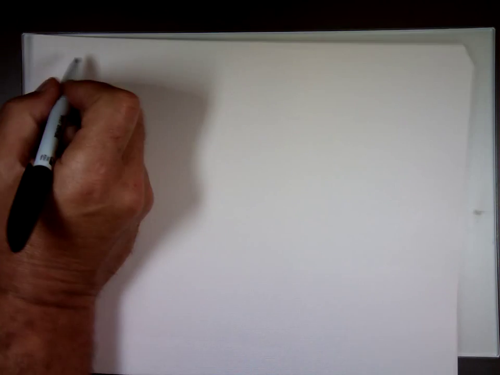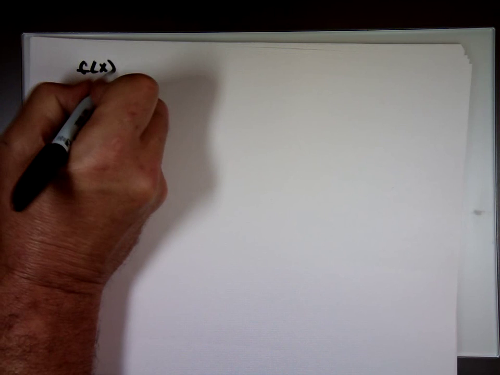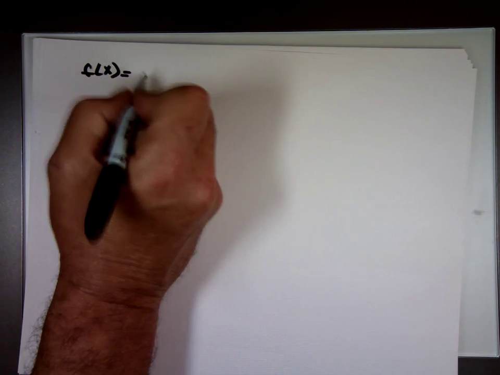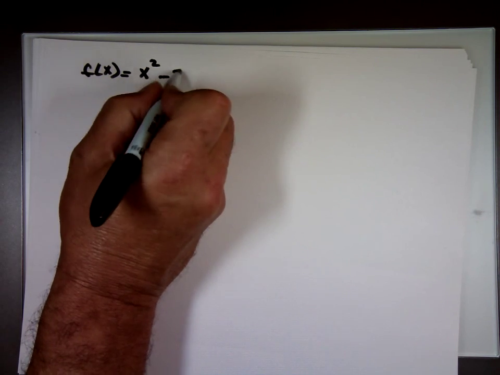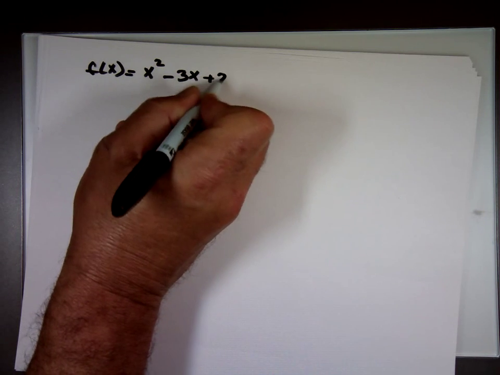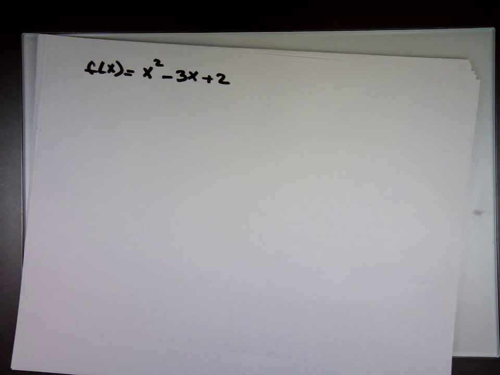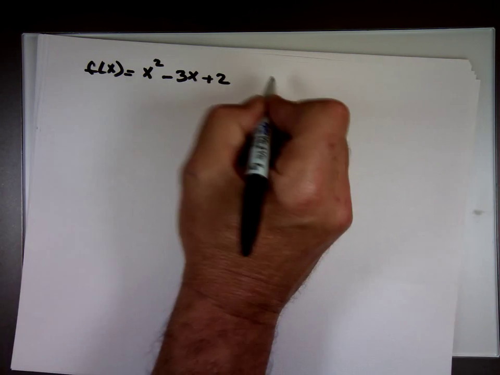F of x equals x squared minus 3x plus 2. And they want us to test it between 1 and 2. From 1 to 2.